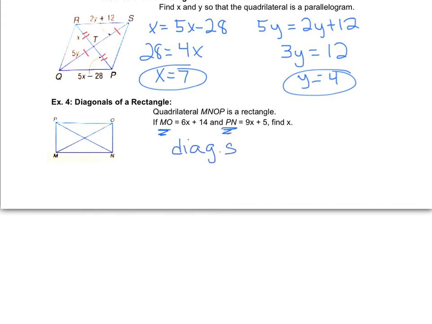And diagonals in a rectangle are always congruent. So there's a quick equation, 6x plus 14 equals 9x plus 5. Bring my x over, bring my constant over, x equals 3.